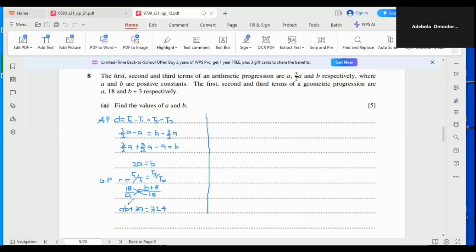B is equal to 2A, so I replace B with 2A, and then I get A times 2A plus 3A is equal to 324.